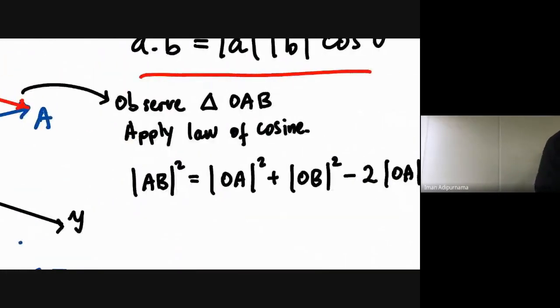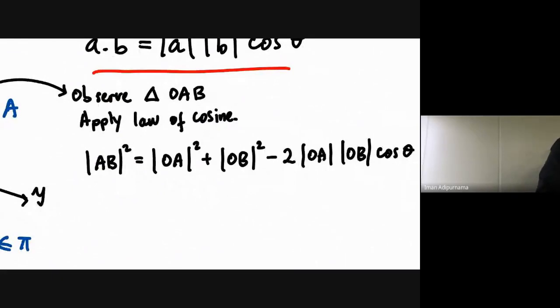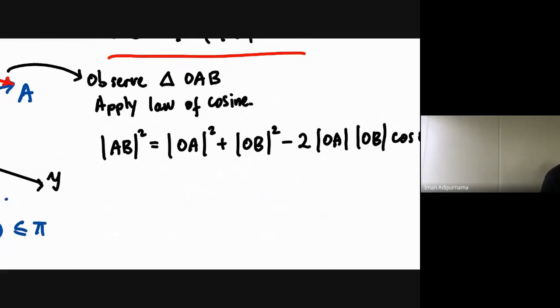So we apply the law of cosine. And let's define OA as vector A, right? OB is vector B, okay?